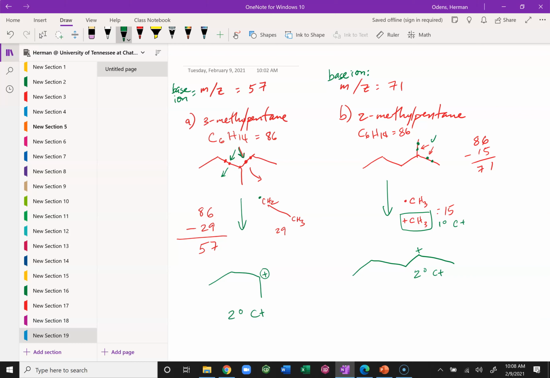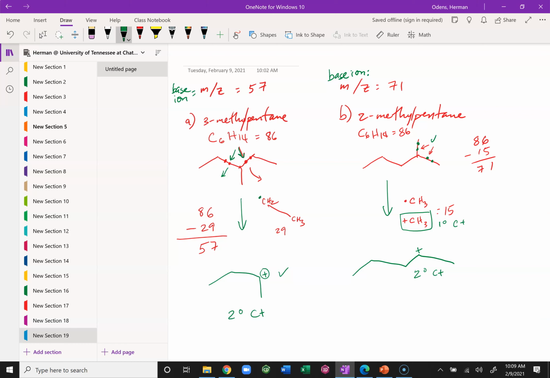But let's say if I kick this one out instead. So when you're doing the direct hit, what I call it, you have 2 options on a bond. You can hit the electron on the right or the electron on the left. Here I'm going to kick the electron on the left, and I'm going to produce a radical on the ethyl group and a plus on the secondary carbon on the butane fragment here.